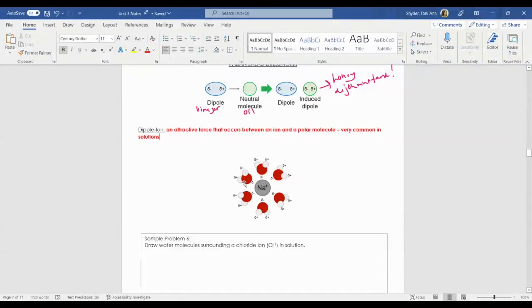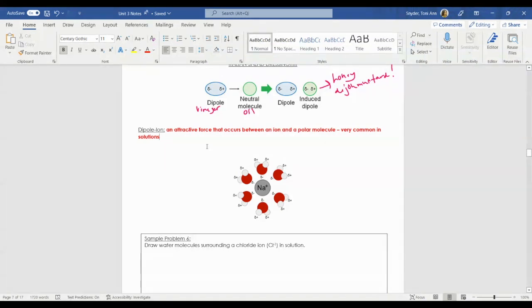So in this case, here are our water molecules, and they're all surrounding my sodium ion. Notice that the sodium ion is surrounded by the oxygens of water. That's because my positively charged cation in the center is attracted to the negatively charged side of water molecules. That's why this is arranged in a certain way.